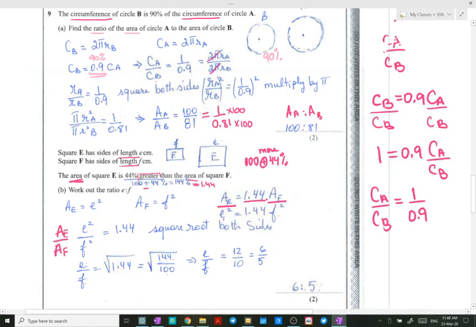So simplifying, you're going to get E over F. The square root of 144 is 12. The square root of 100 is 10. Simplifying 12 over 10, you're going to get 6 over 5. So E, which is the length of square E, is 6 parts to 5 parts, which is the length of square F.